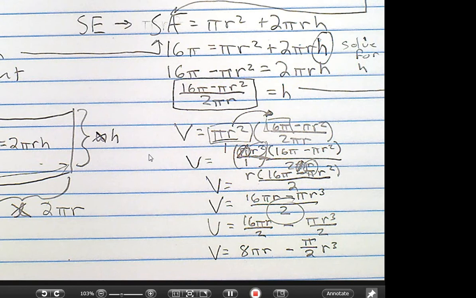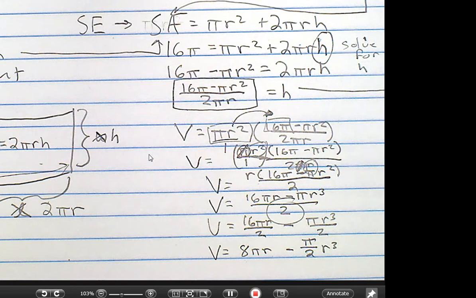Why would I leave that alone? Multiplying constant. I can leave it alone. But let's just take the derivative of what we got. Go ahead, go ahead.